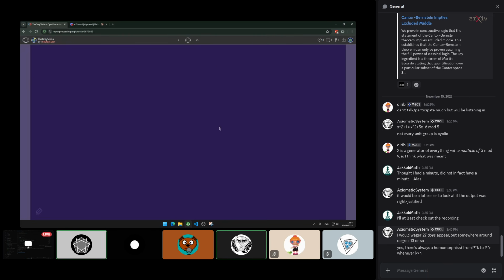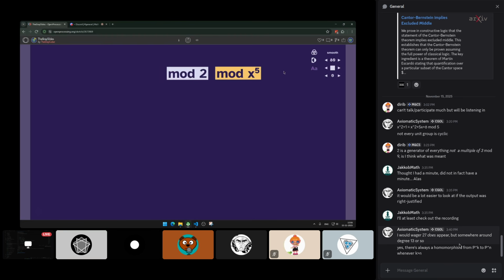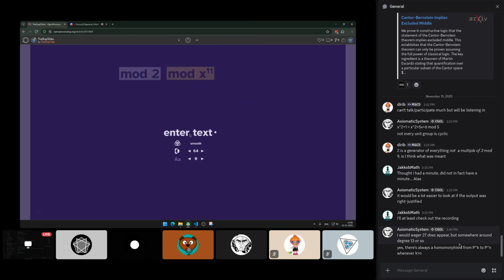Okay, so now I see maybe where we're going. Let's work through this formula. I will use mod 11. This is tedious.